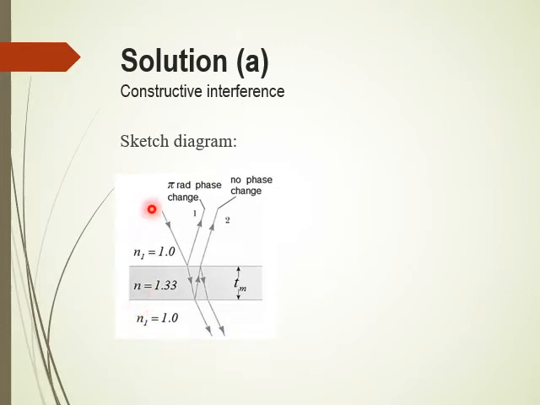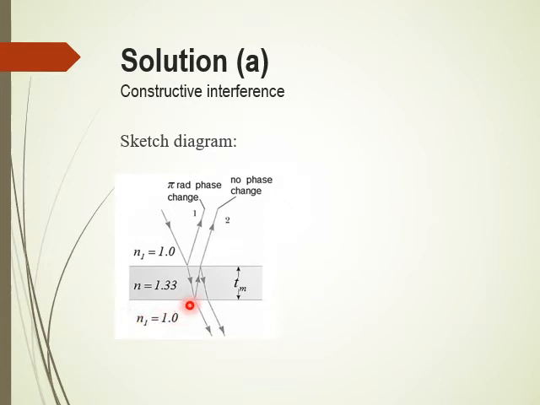Now you have an incident light wave. When it is reflected by the first surface, it undergoes pi radian phase change because the wave is traveling from a less dense towards a denser medium. For the second surface, when the light wave is reflected, it has no phase change because from the second layer to the third layer, the light wave is traveling from a denser medium towards a less dense medium.